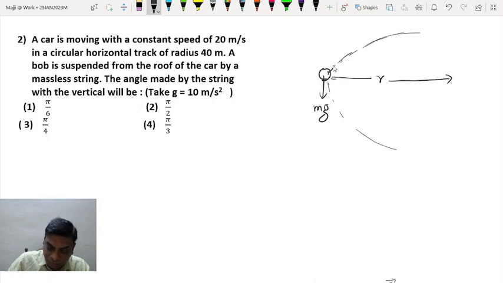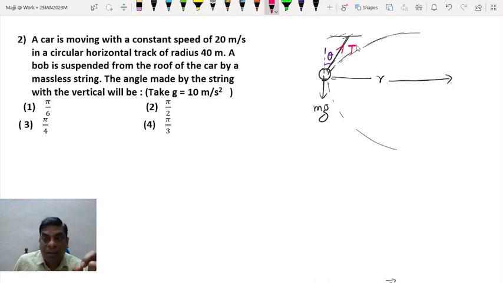So the string will be like this. This is the roof of the car. We have to find the angle made by the string with the vertical. So here there will be a tension.